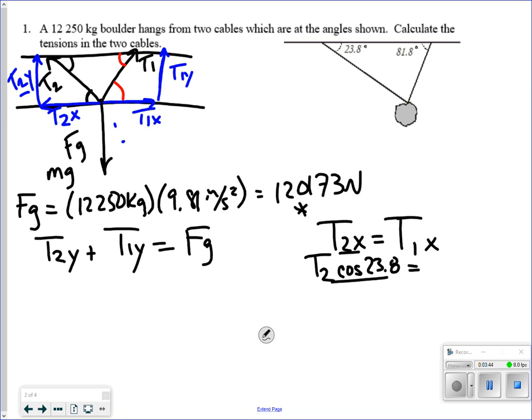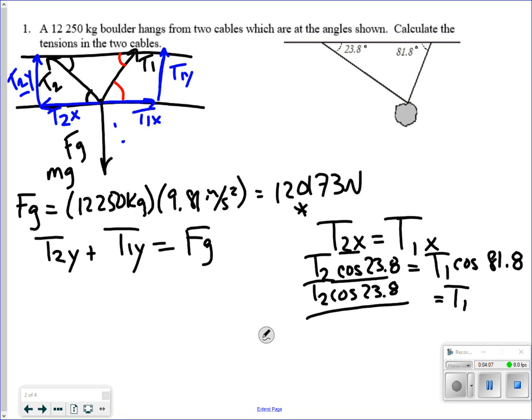That is going to be equal to T1 times the cosine of 81.8. Okay, now if I rearrange this to get T1 by itself, T2 cosine of 23.8 divided by the cosine of 81.8.